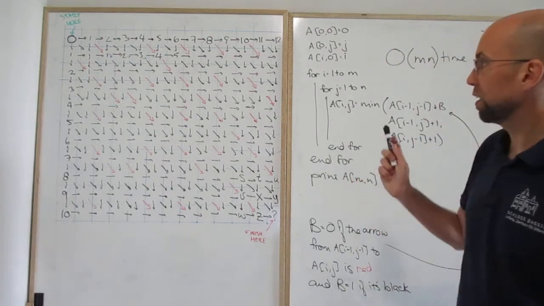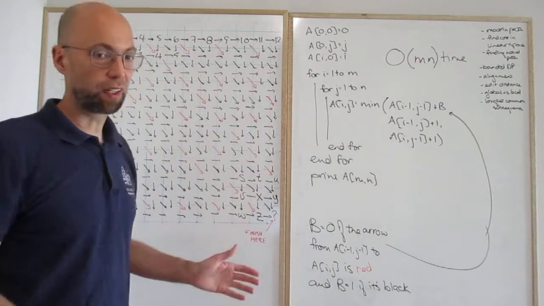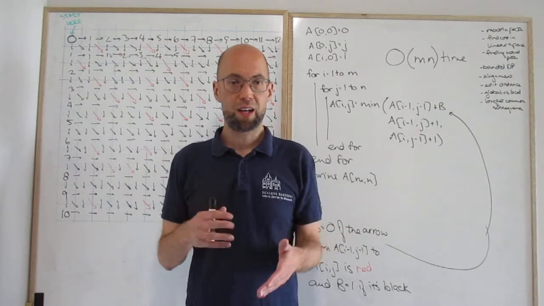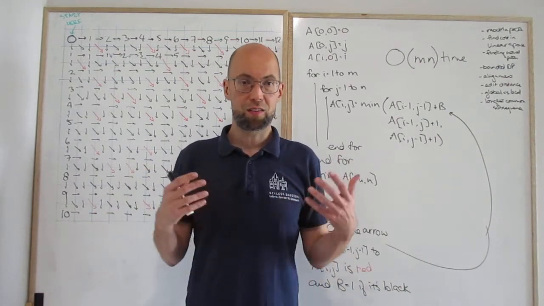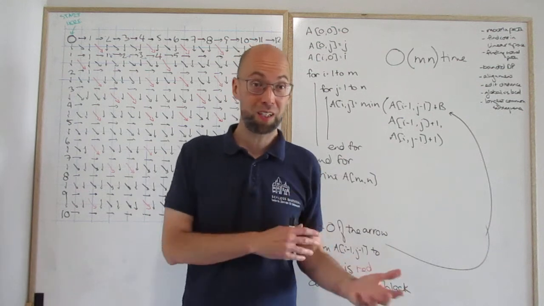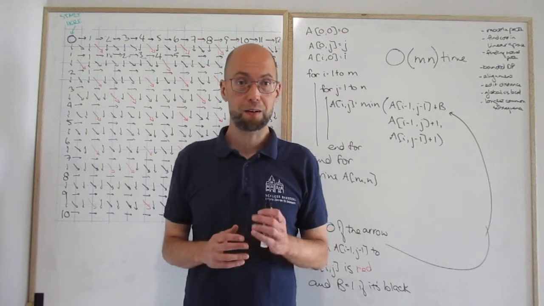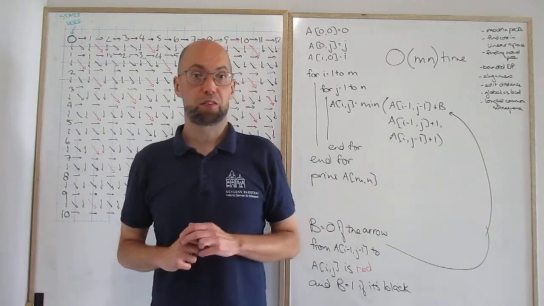But to work out the cost at the moment, if we're filling in this whole matrix, you initialize a matrix of A 0 to M and A 0 to N. How big is this matrix? It's M times N. So the space usage is the same as the time usage. But we can actually do better for space.